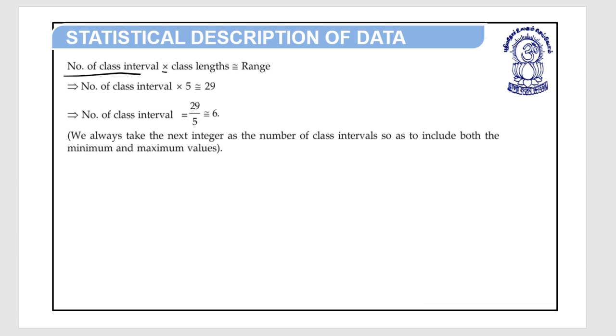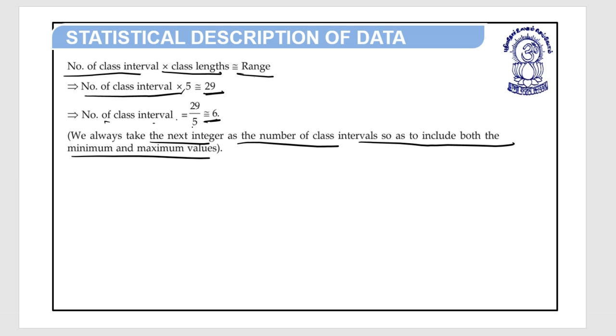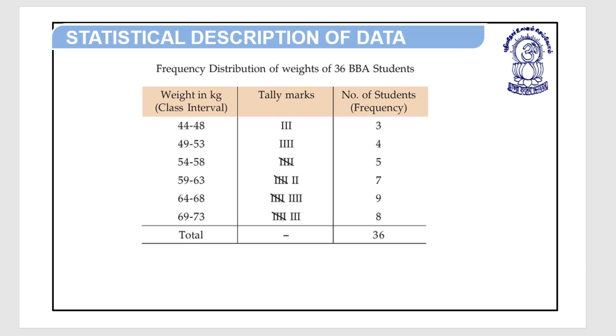Number of class intervals times class length is equal to range. Number of class intervals times 5 is equal to range, 29. So the number of class intervals is 29 by 5, approximately 6, since 5 times 6 is 30. We always take the next integer as the number of class intervals so as to include both the minimum and maximum value.